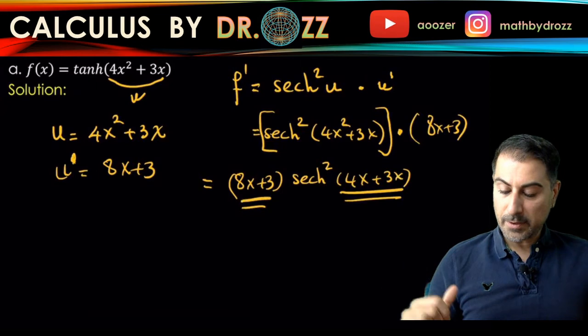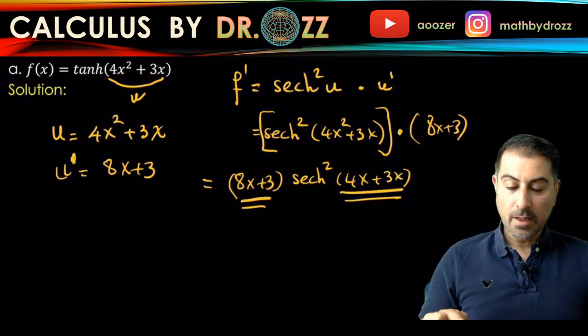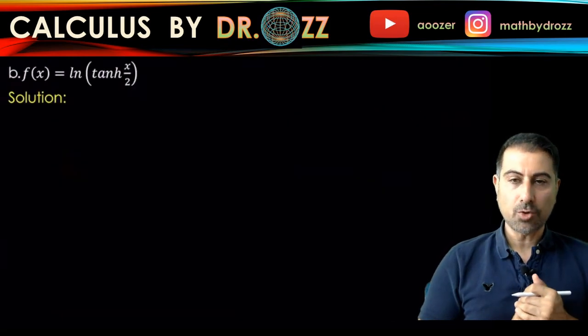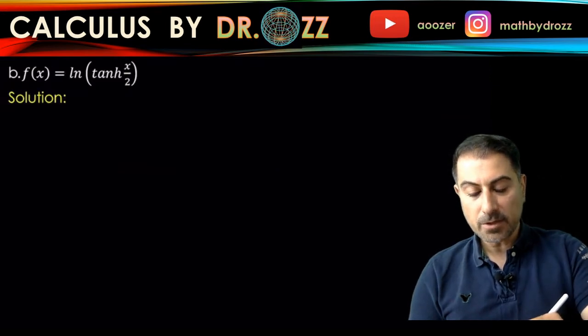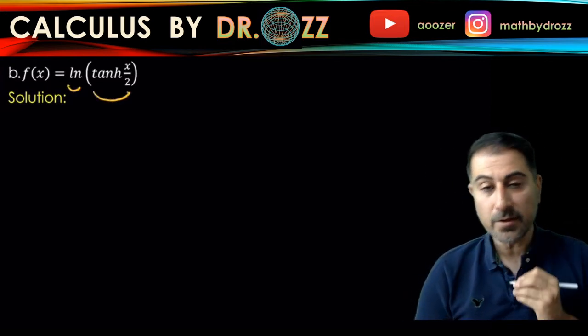Why don't we do part B in this video as well, so that we don't have two parts. Let's check this out. You have ln of tanh of x over 2. You have the outer function ln, and the inner function tanh of x over 2, but that also has an inner function.